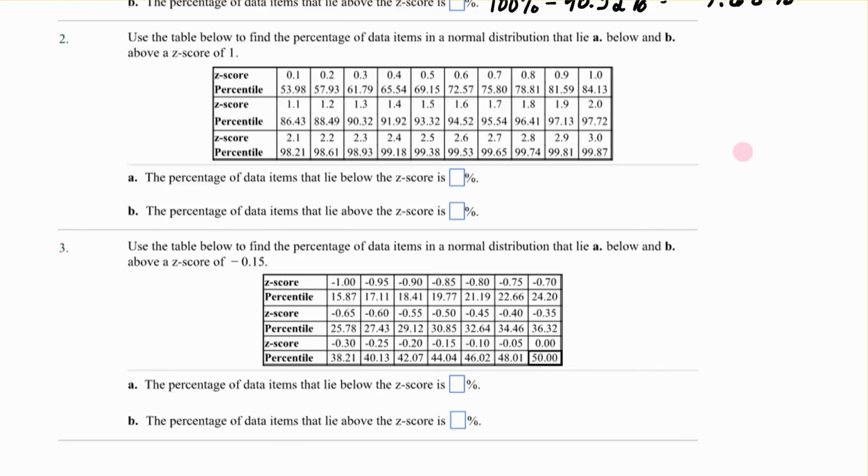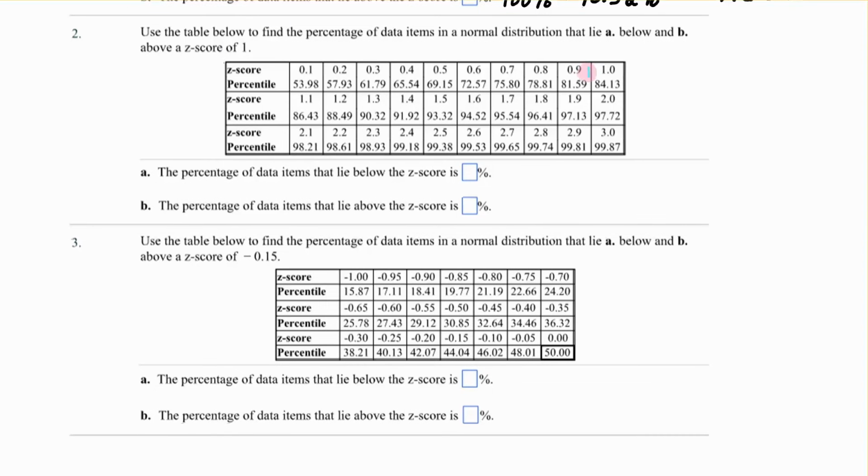All right, let's look at number 2. Use the table below to find the percent of data items that are below and above a z-score of 1. Here's a z-score of 1. Well, how many lie below it?